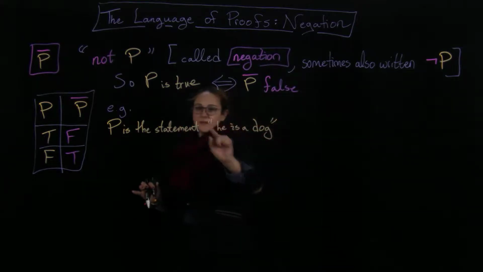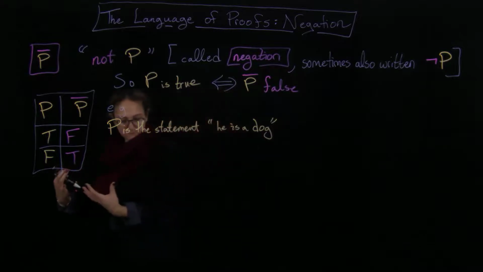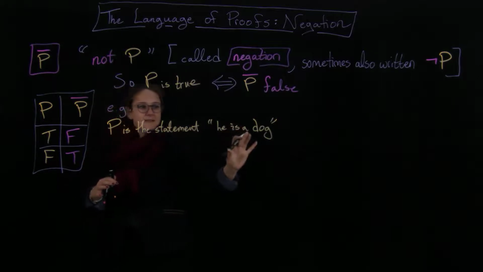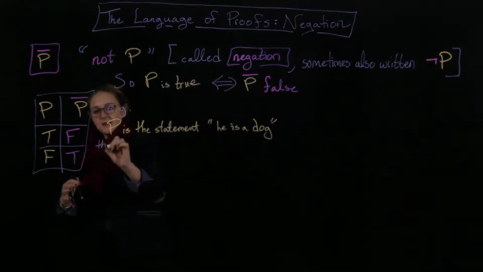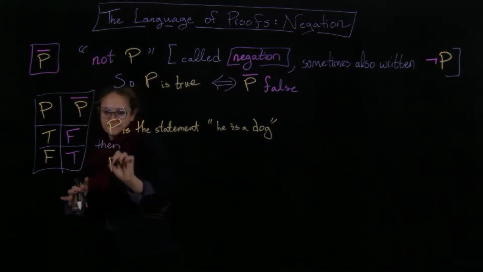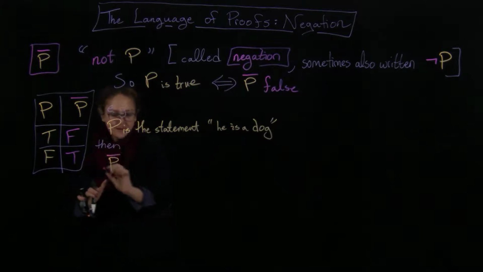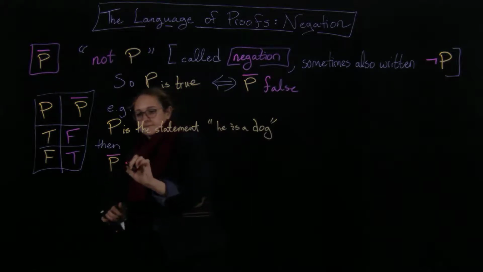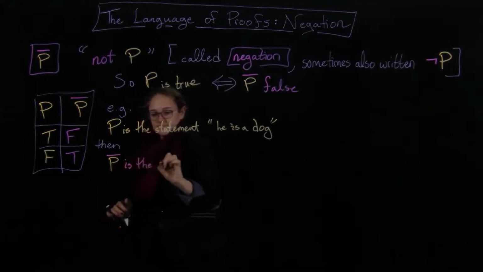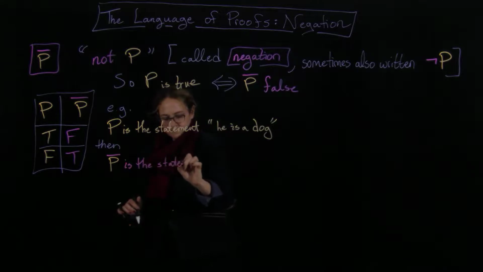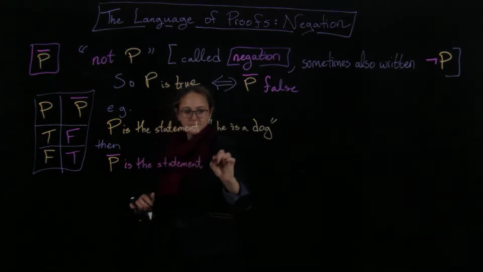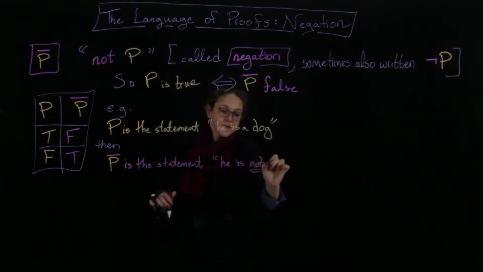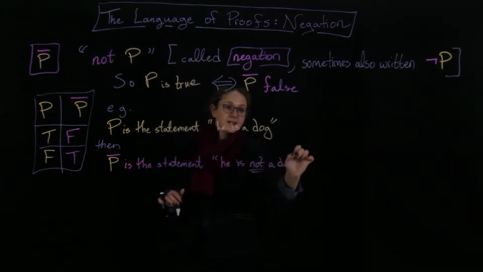And what would be the negation of that? Okay, so P is the statement, he is a dog, then we have that P bar is the statement he is not a dog. Okay, so we just added in the not part.